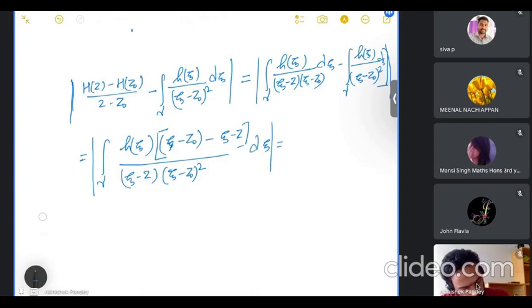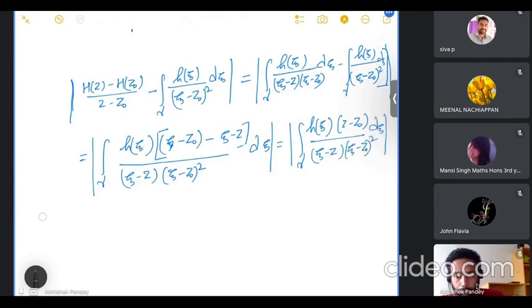And this is nothing but the integral over gamma of h of xi. So this is again z minus z naught, so this is z minus z naught, and xi minus z into xi minus z naught square d xi.